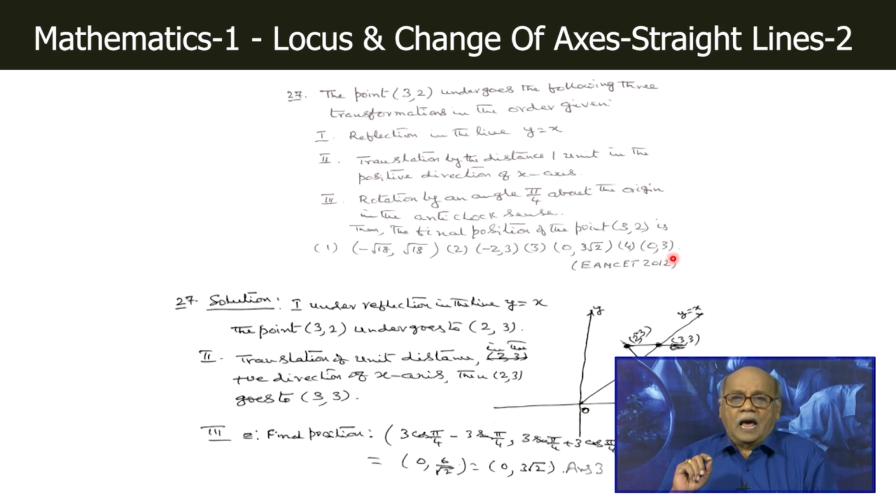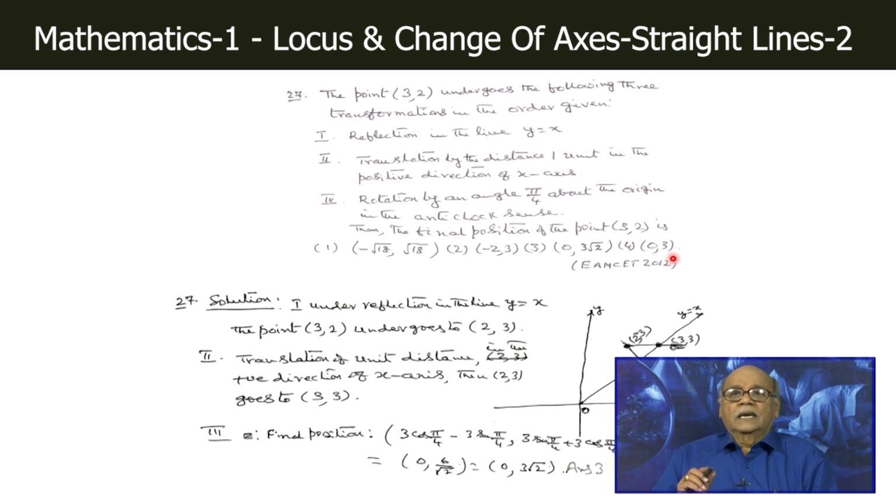Suppose the origin is shifted to a point (x1, y1) with respect to the old system, and suppose capital X, capital Y are the new coordinates of the point small x, small y. Then it is known that small x is equal to capital X plus x1, and small y is equal to capital Y plus y1.